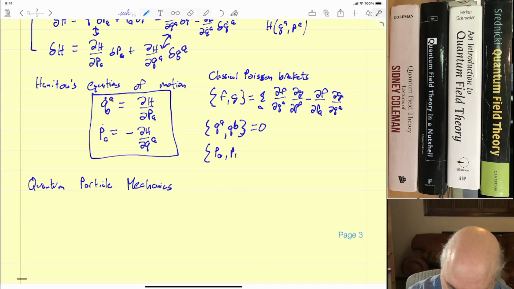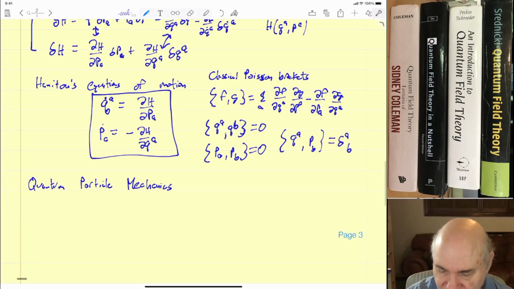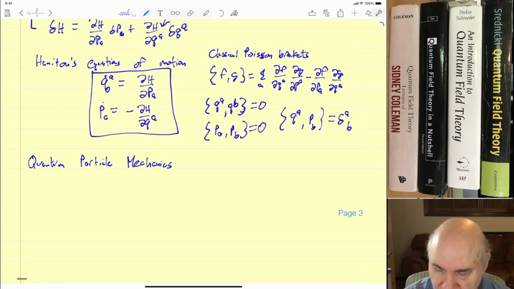PA, PB is equal to 0. And the one that's significant. Now, looking at this, you might say they seem very much like the commutators in quantum mechanics. And that would be correct.